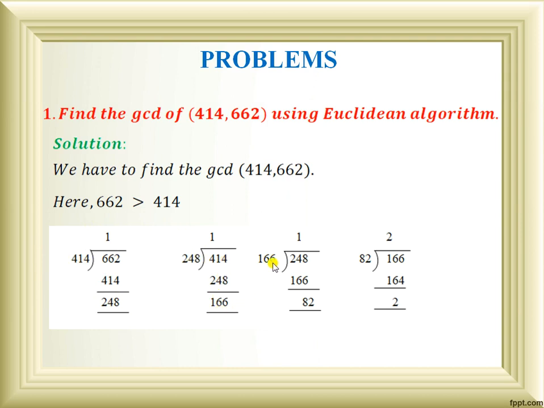Keep this as the third step divisor and take the 248 as the dividend. Next I will get the remainder 82, and 166 is the dividend. In the next step, 82 is the dividend and the remainder 2 is the divisor. Finally I will get the remainder 0. You have to stop here itself.